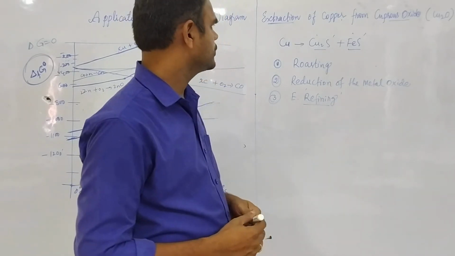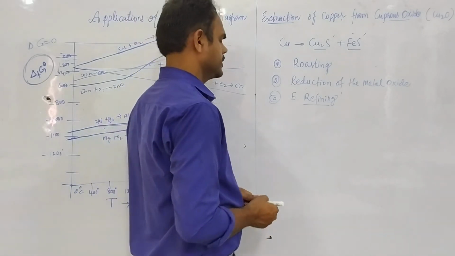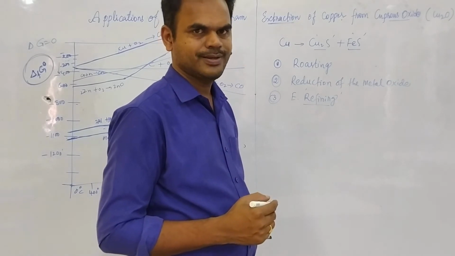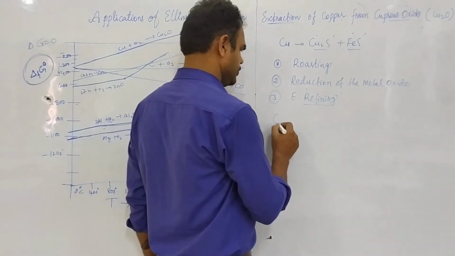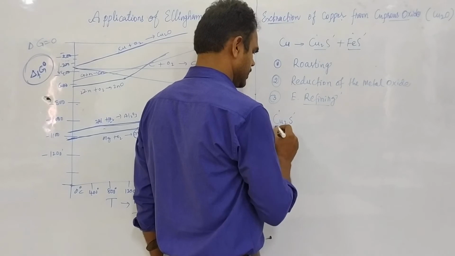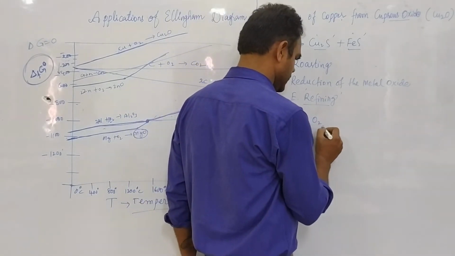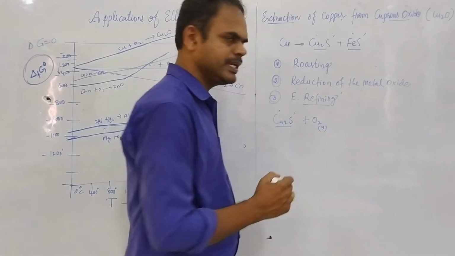So let us look at the roasting process. Generally, roasting is done in a reverberatory furnace, where the copper sulfide is heated in the presence of oxygen or air.